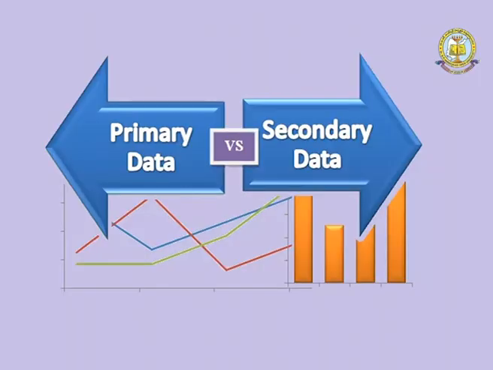As I explained, all these 4 methods take more time and are more expensive also. In order to reduce this in certain circumstances, we can use secondary data. Secondary data has some sources and methods, which we can discuss later.